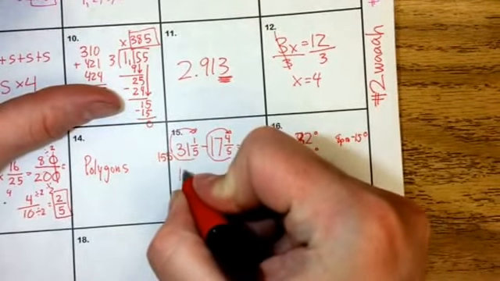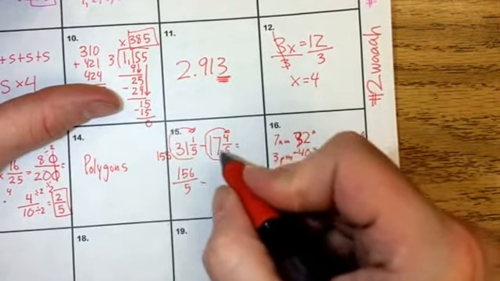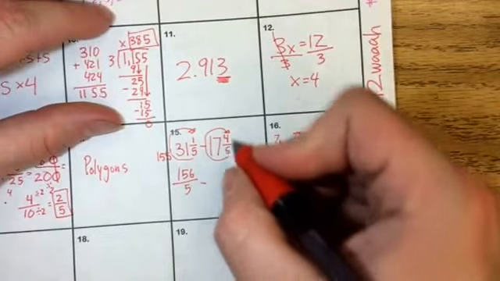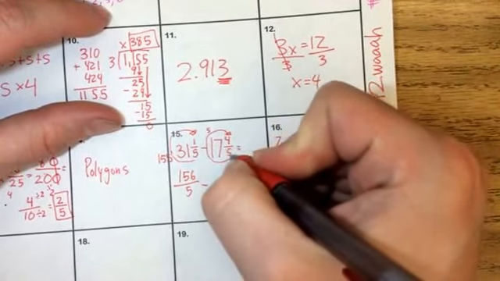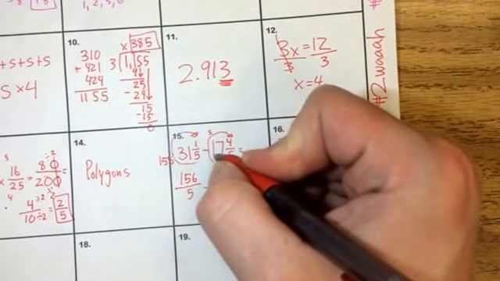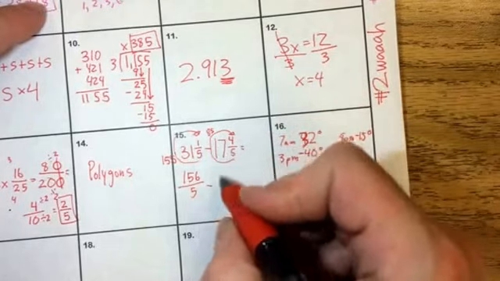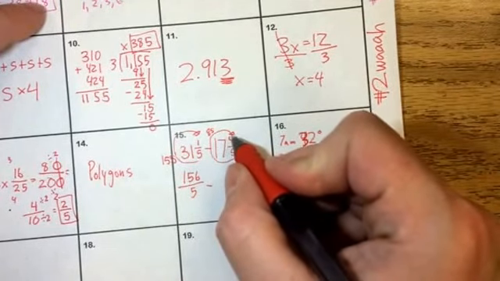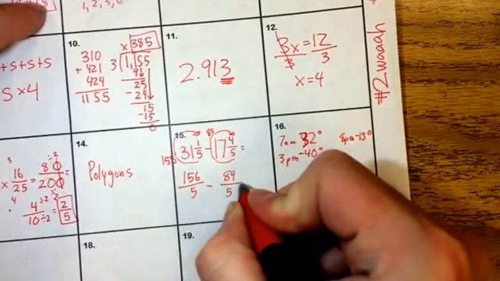156. So it's 156 over 5 minus 17 times 5. 7 times 5 is 35. Carry my 3. 5 times 1 is 5, 6, 7, 8. So I get 85. 85 plus 4 is 89. So I get 89 fifths.